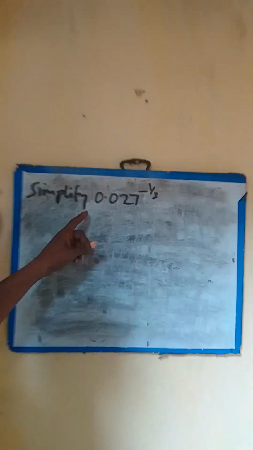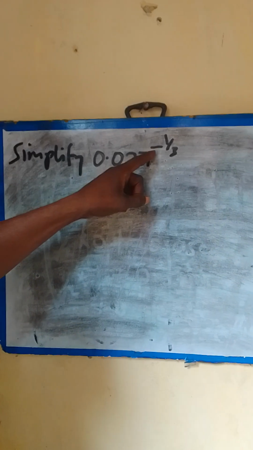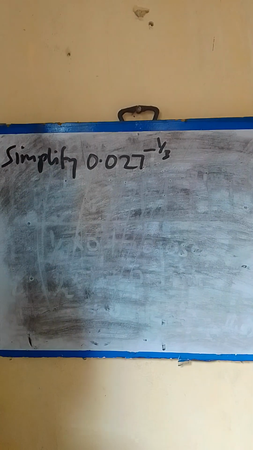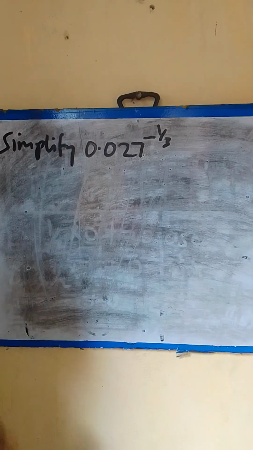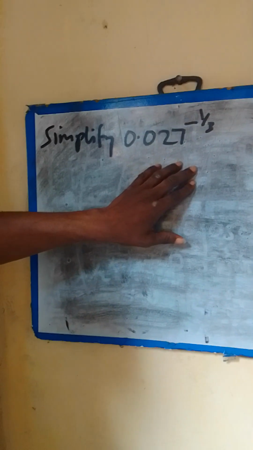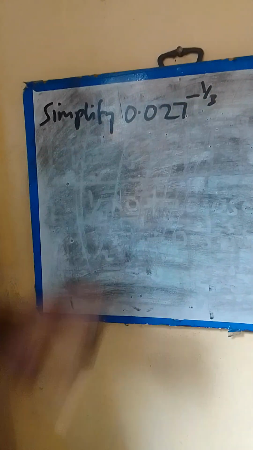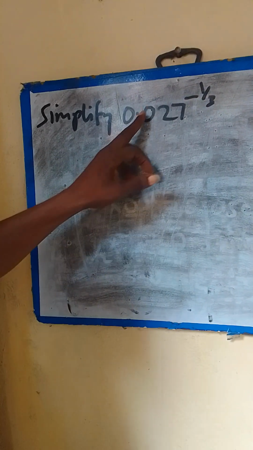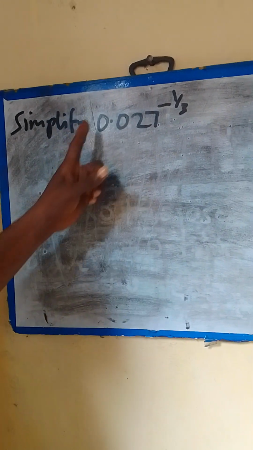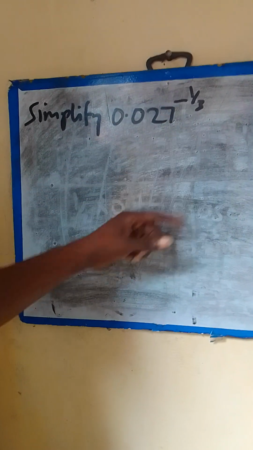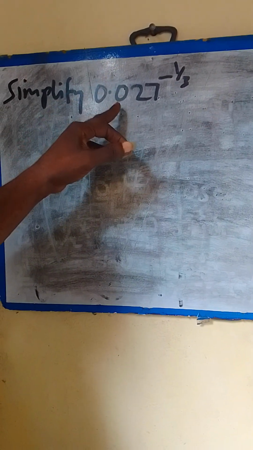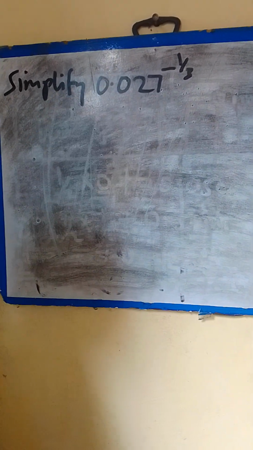He says, simplify 0.027 raised to power negative 1 over 3. When you have a problem like this in indices, that is in decimal and raised to a negative power, change the decimal to a fraction. To change this decimal to a fraction, you consider the number of digits after the decimal point.